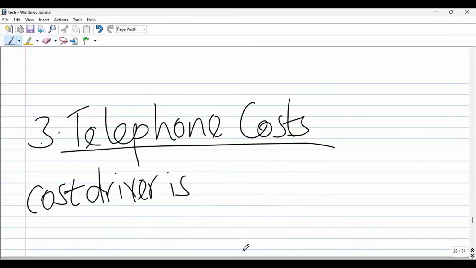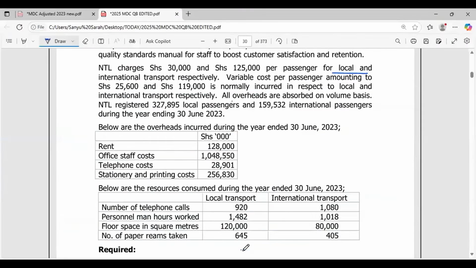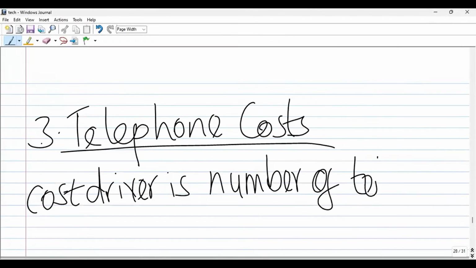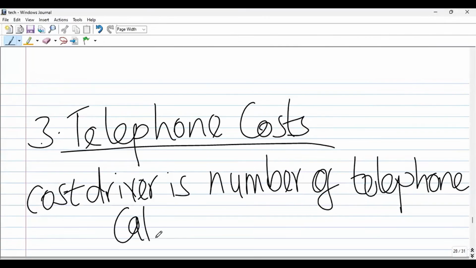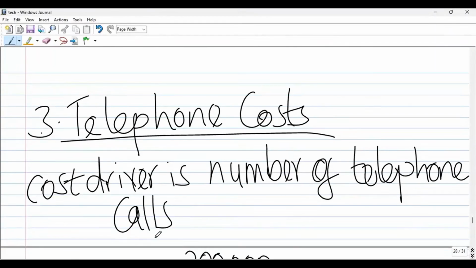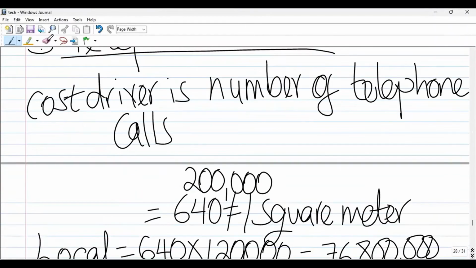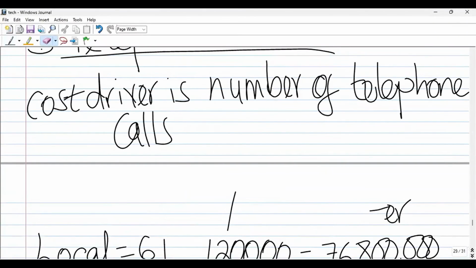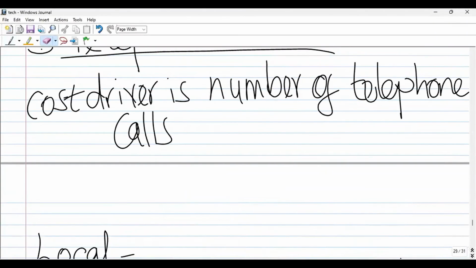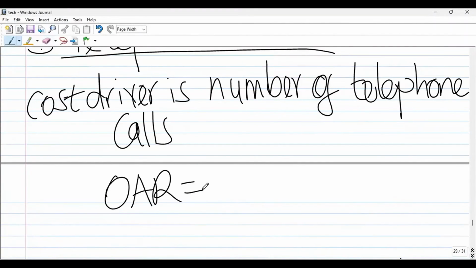The number of telephone calls. We'll look for the OAR.